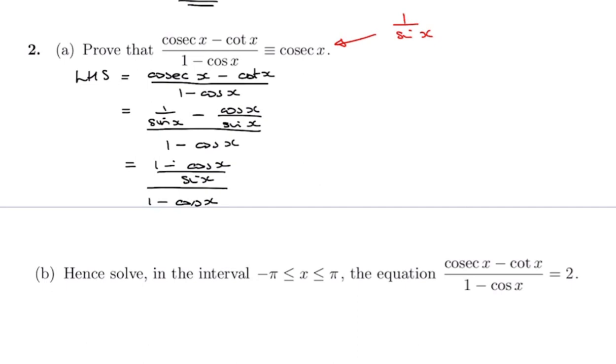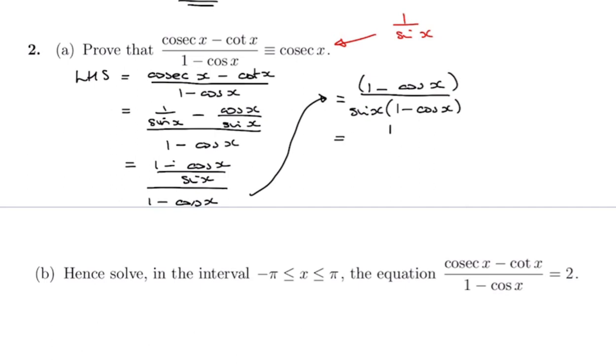I'm just going to jump onto this side. You've got a fraction on top, so you can drop the denominator, so it's 1 minus cos x over sine x times bracket 1 minus cos x, and of course the 1 minus cos x top and bottom cancel out, so you're left with 1 over sine x, which of course is cosec x, which is the right-hand side.